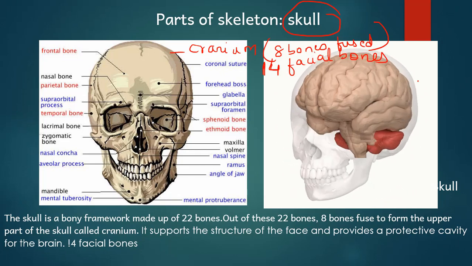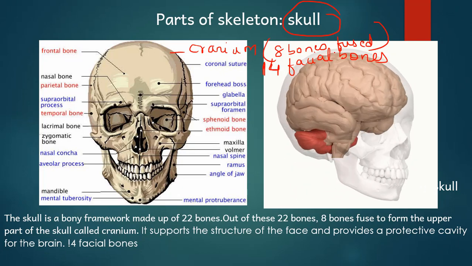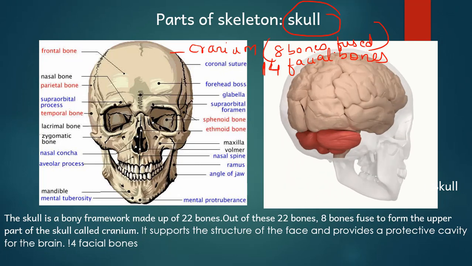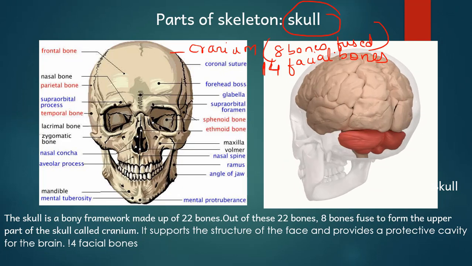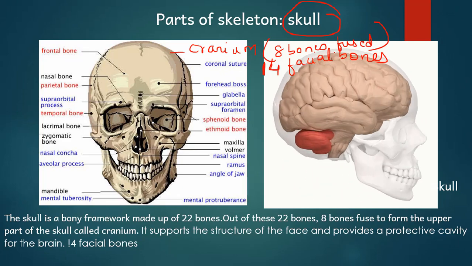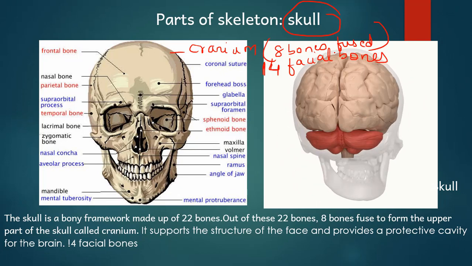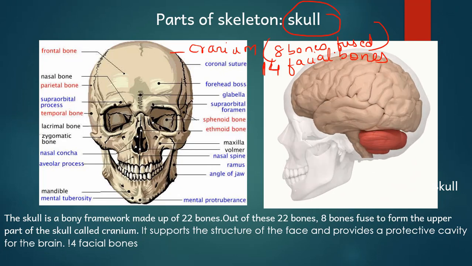The 8 bones cover your very delicate structure, the brain, and together are known as the cranium. So what is the cranium? The cranium is the part which protects your brain, made up of 8 bones fused together, whereas you have 14 bones in your facial region, including maxilla, mandible, etc.